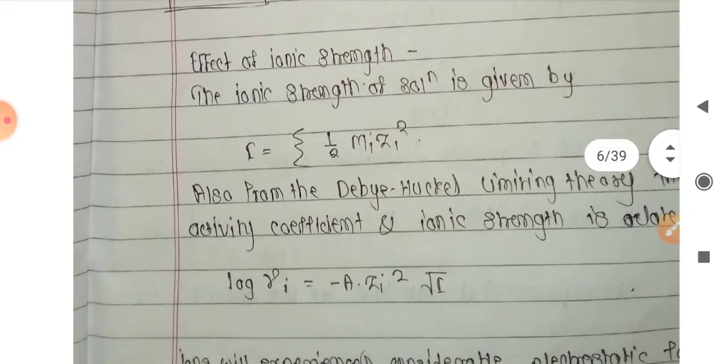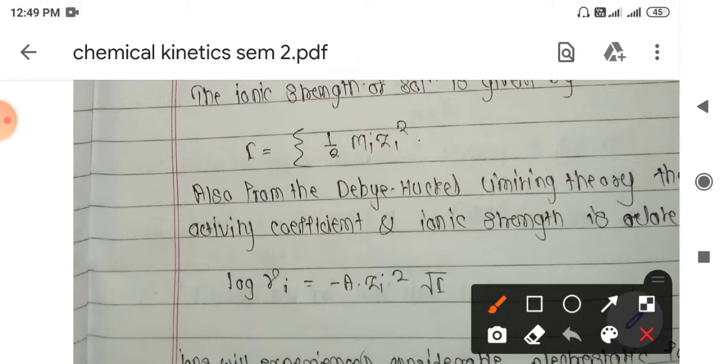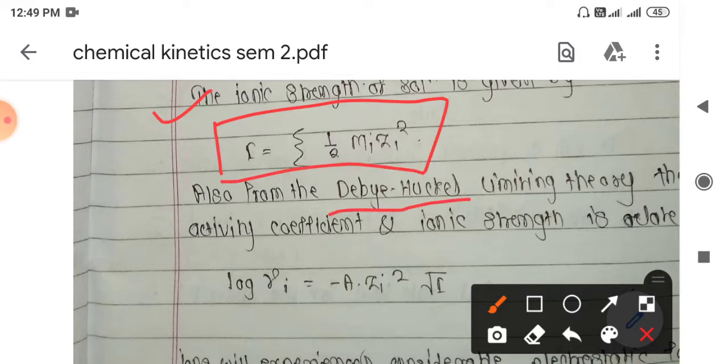Now the next point is the effect of ionic strength and its derivation. We will see the derivation of this part. The ionic strength of a given solution can be obtained by this value, and there is one famous equation that we will use for this derivation, which is the Debye-Hückel limiting law.